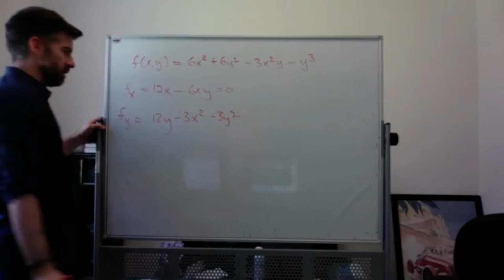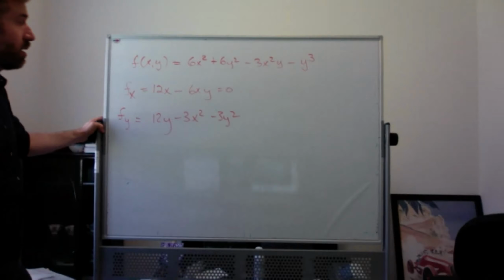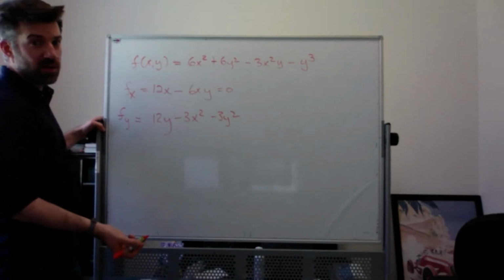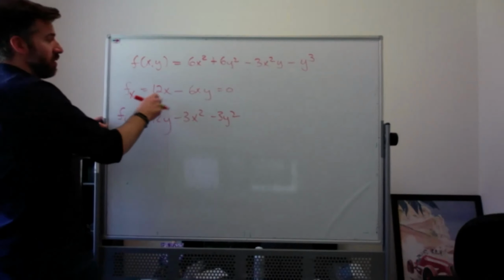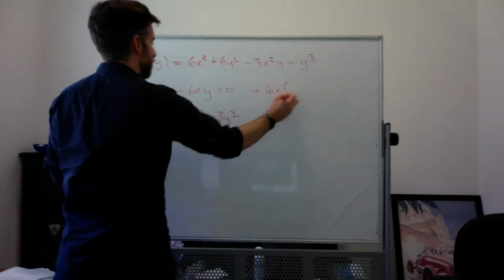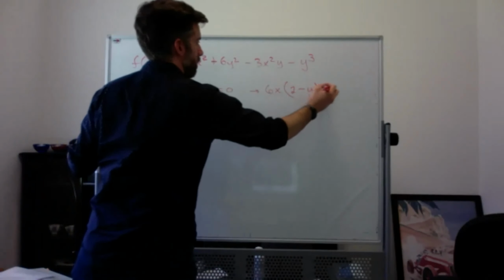Well, that looks challenging. Okay. So I'm going to take this and I'm going to factor. So factoring is good. I can factor out a 6x. I'm left with a 2 minus y.